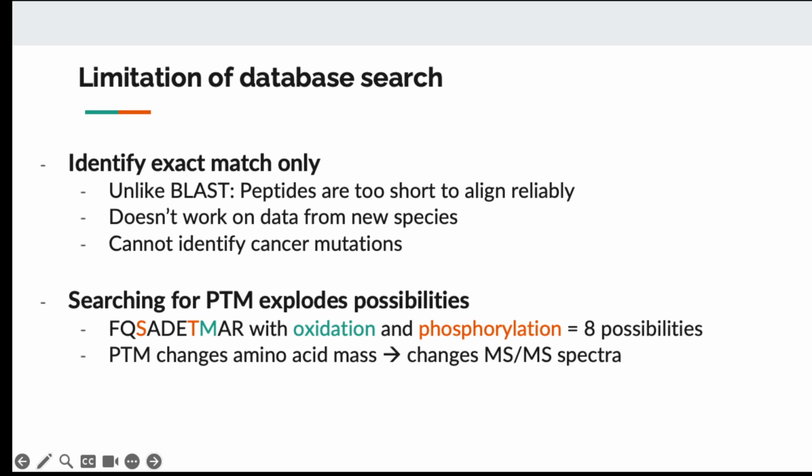So starting from one peptide, your database already has to have 8 possibilities to account for all possible different modifications, which gives you different masses on the peptide, which gives you different spectra. So searching for PTM expands the set of possibilities by more than tenfold. So searching for PTM is also not easy.